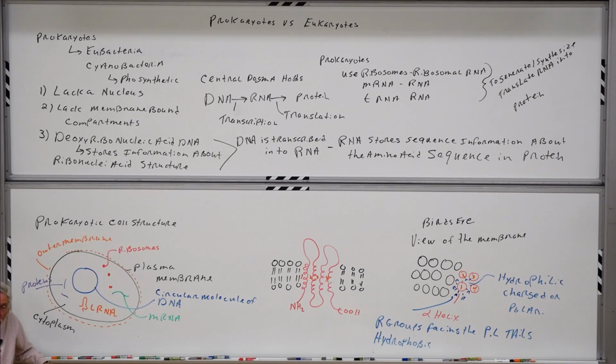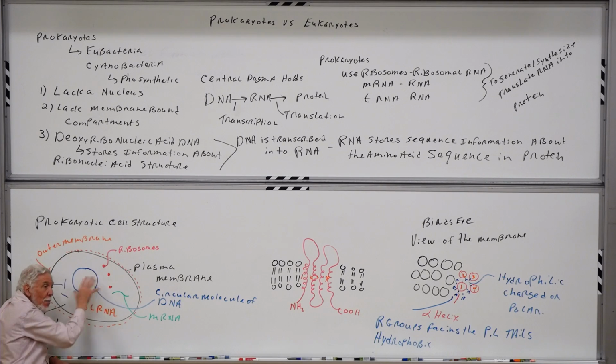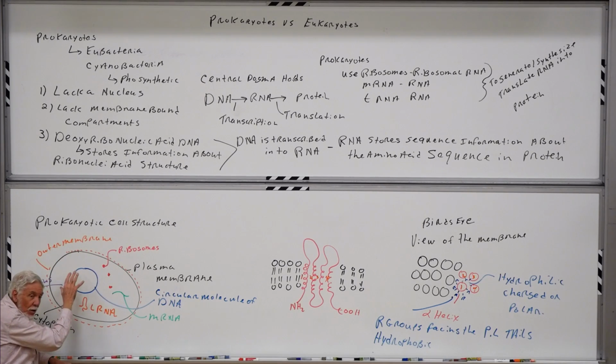When we begin to look at eukaryotic cells, one of the things that strikes us is the number of different intracellular organelles, the number of different types of membrane-bound compartments that are hallmarks of eukaryotic cells. Prokaryotes have none of them.